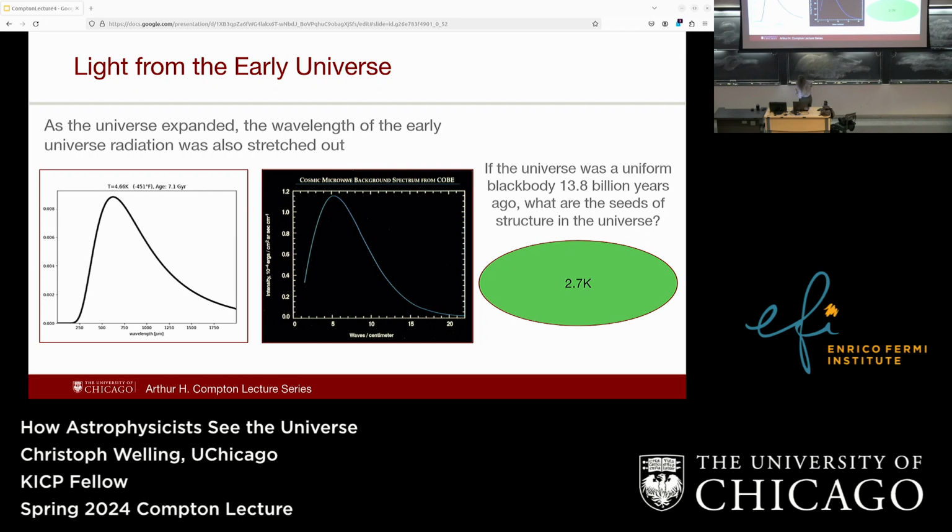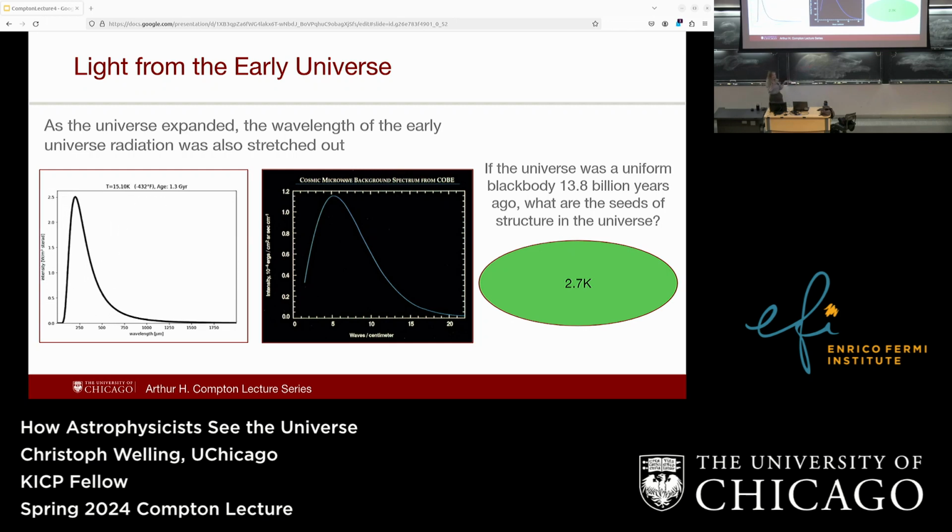So that's cool, right? The fact that the error bars don't even extend past that line is really cool. The early universe was something, but also, where did we and everything else come from if that was what we looked like 13.8 billion years ago? How did anything evolve?